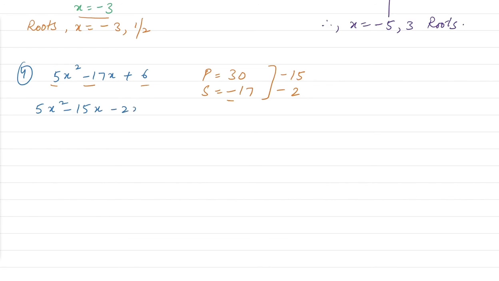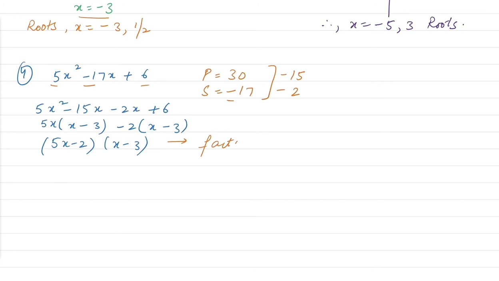Now put the values. It will be 5x square minus 15x minus 2x plus 6. Take common 5x, left inside x minus 3. Take minus 2 common, left inside x minus 3. Now take x minus 3 common and it will be 5x minus 2 and x minus 3. So therefore these are the factors of this quadratic equation. Now we are left with the roots.